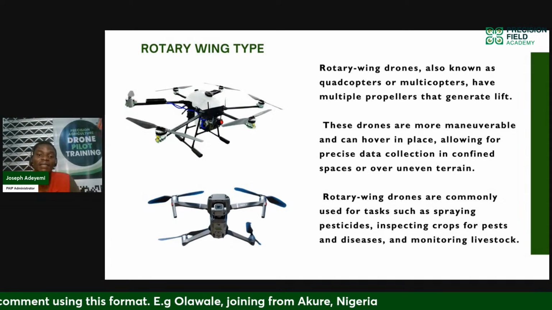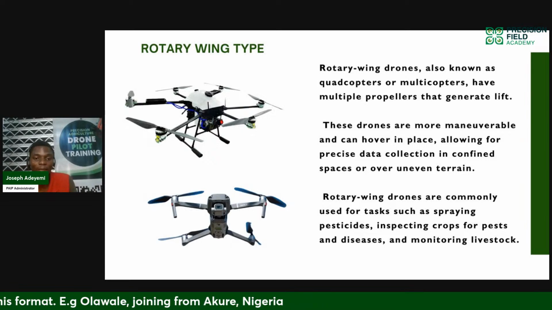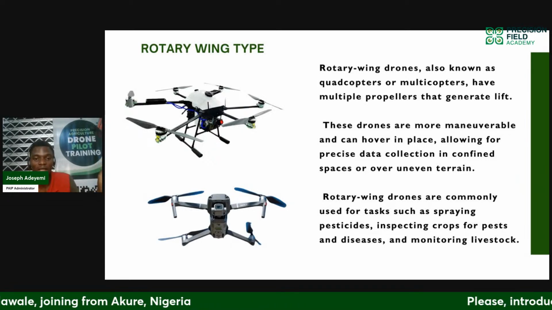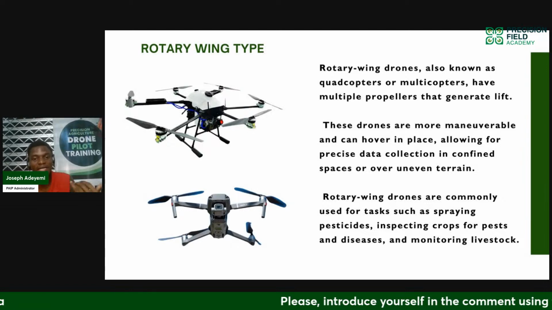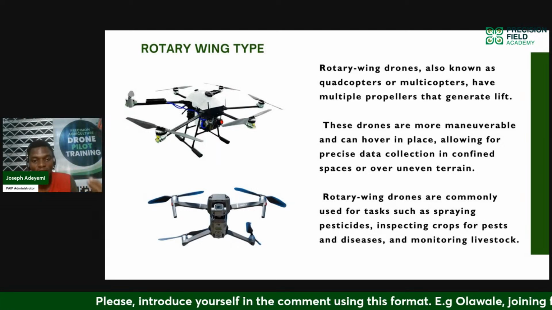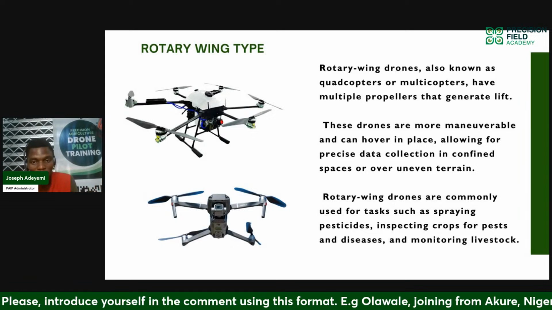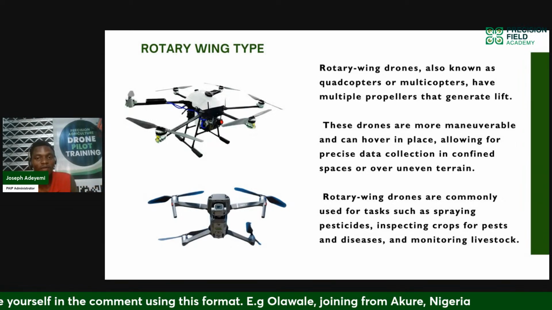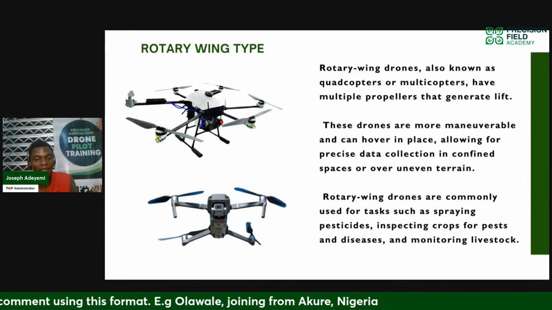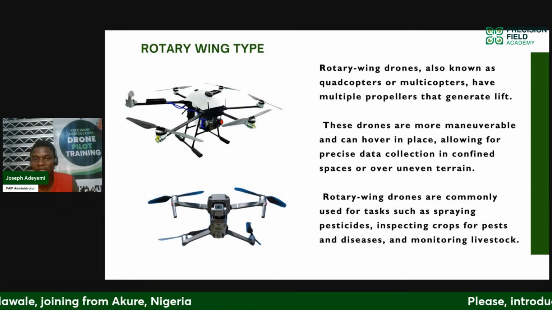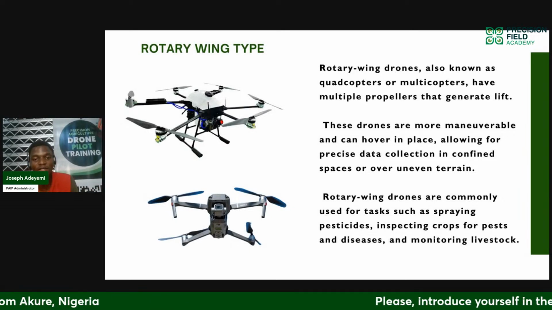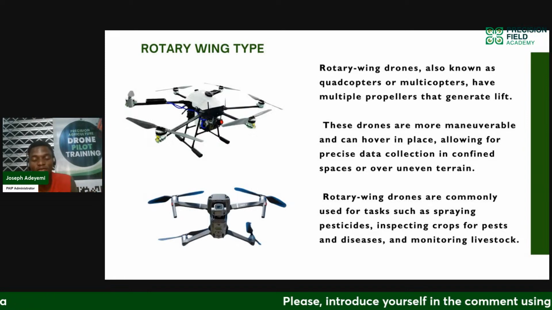A multirotor can stay in a particular position in a single spot while you capture your data while the drone is hovering. Also, a rotorcraft, which is a helicopter, can perform that same function. And a drone that has VTOL capability can also perform that same function.